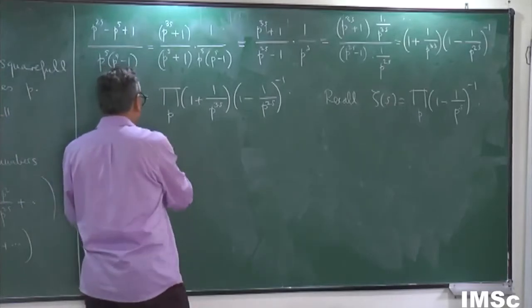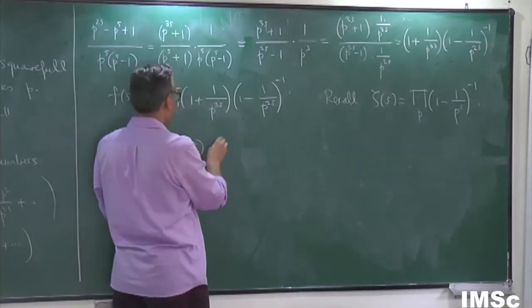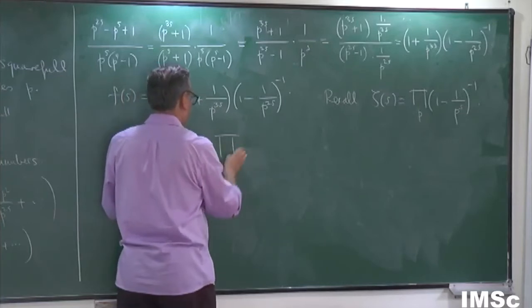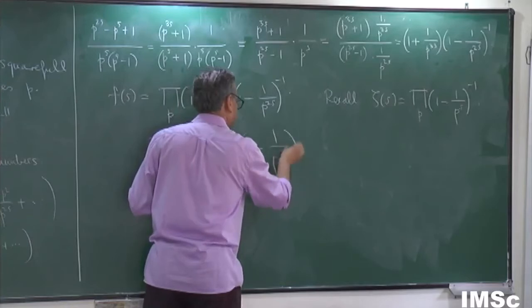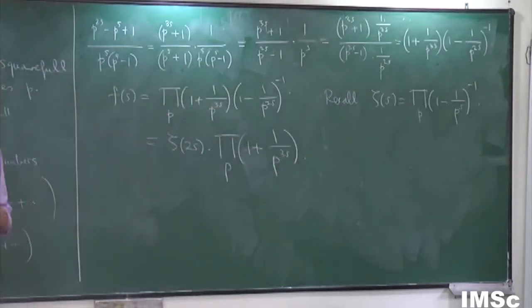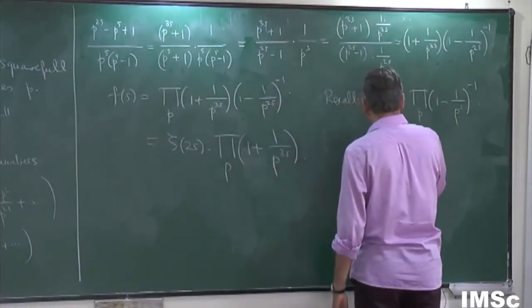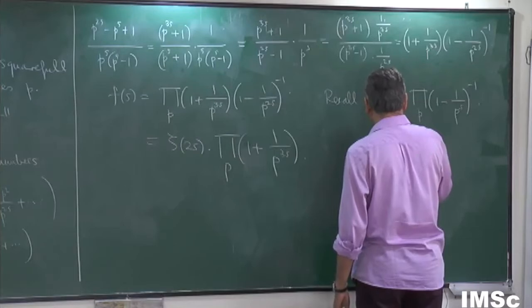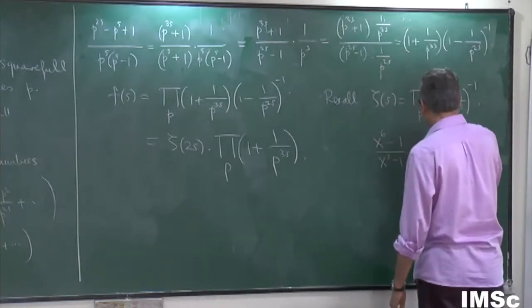So I can remove that from the picture. Right? Now, keep in mind that x to the 6 minus 1 divided by x cubed minus 1 is x cubed plus 1, correct?